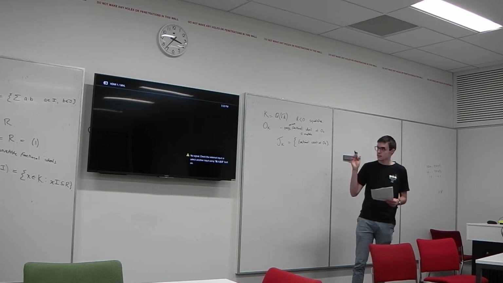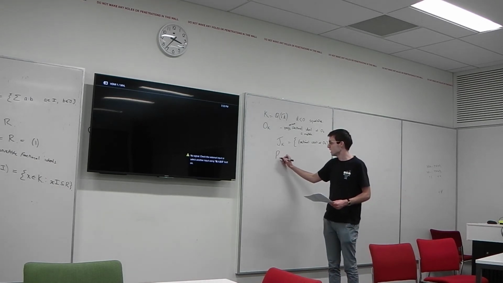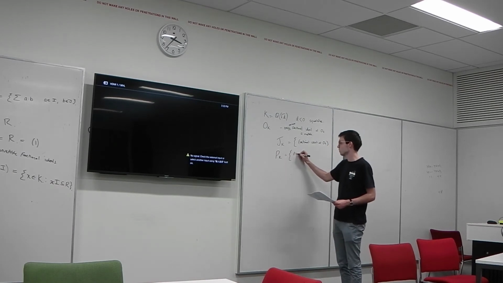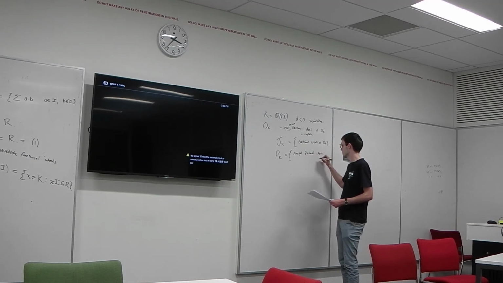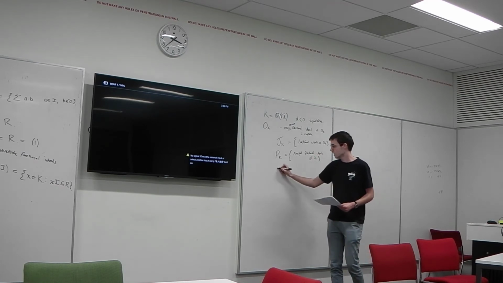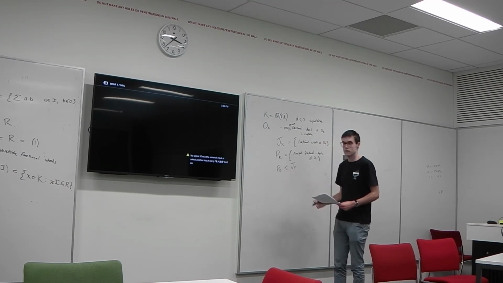And remember, I said that the principal ideals form a subgroup of this group. So I'm going to call P_K the set of all principal fractional ideals of O_K. And obviously P_K is contained in J_K.